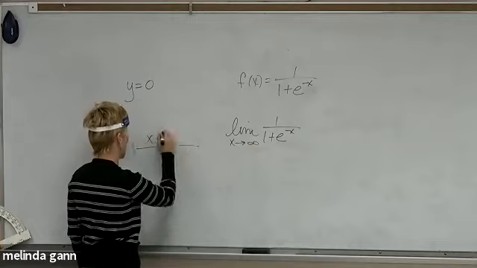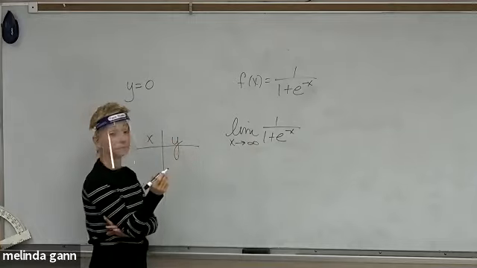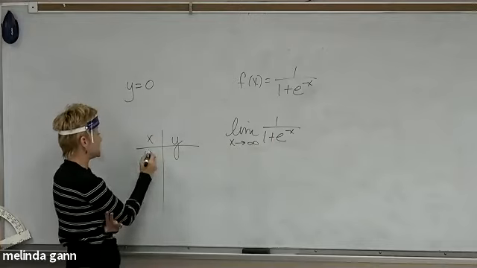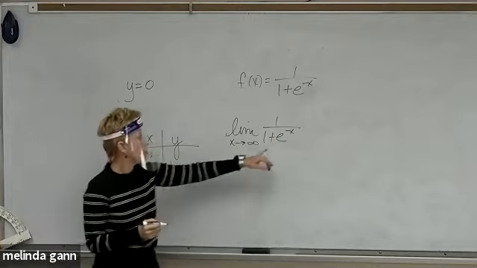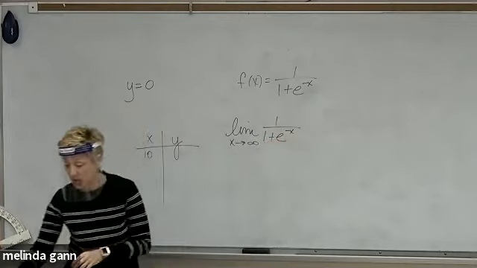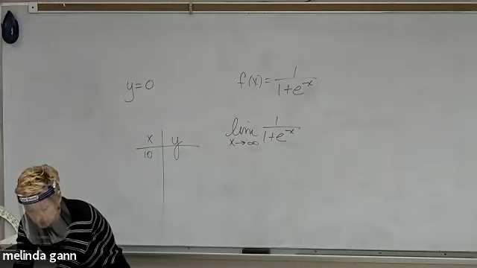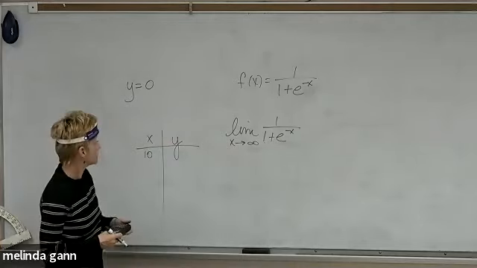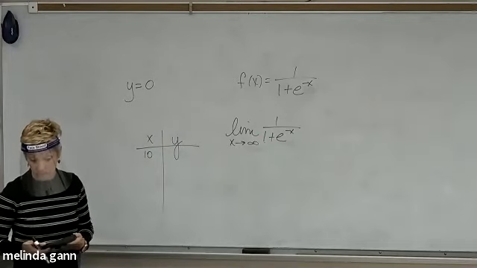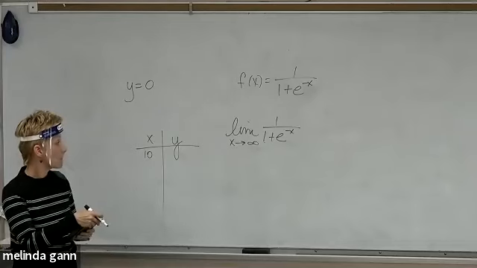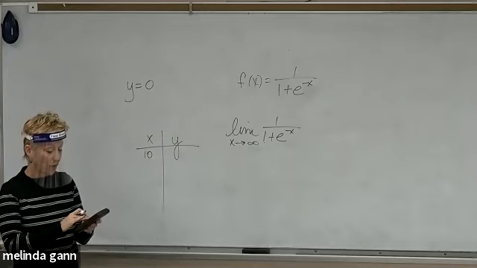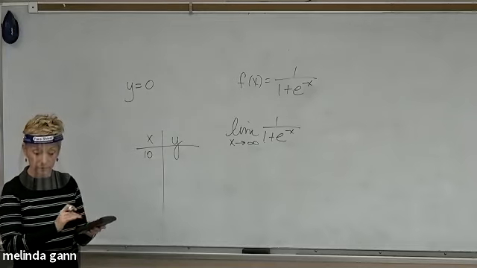Now, you'll have a scientific calculator. So get your calculator out and let's start plugging some numbers in there. What if x is 10? So that's going to be 1 over 1 plus e to the negative 10. So go see what you get. And then round it off for me if you need to.